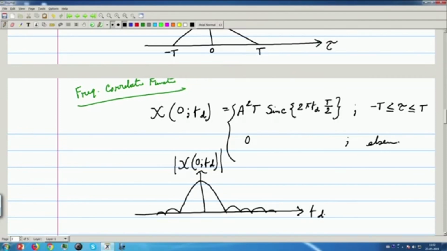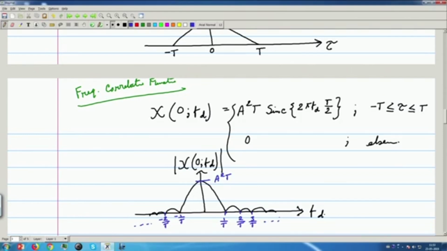And what is this value? This value is s square t, and also let us mark the first null. You can find that the first null will come at 1 by t, the next one at 2 by t, 3 by t, etcetera, and this side minus 1 by t, minus 2 by t, etcetera.